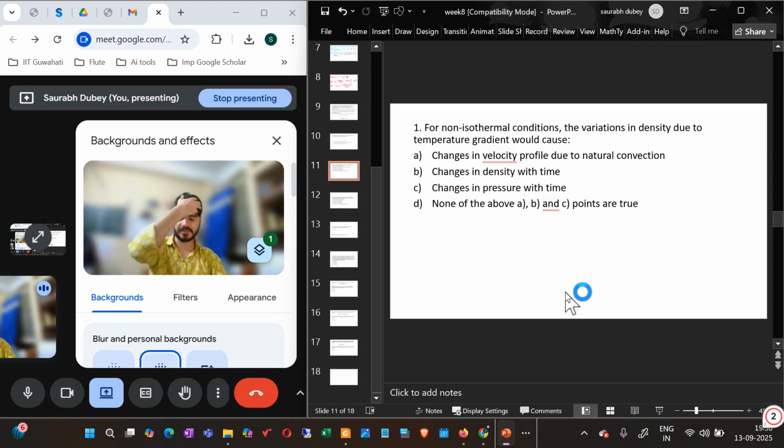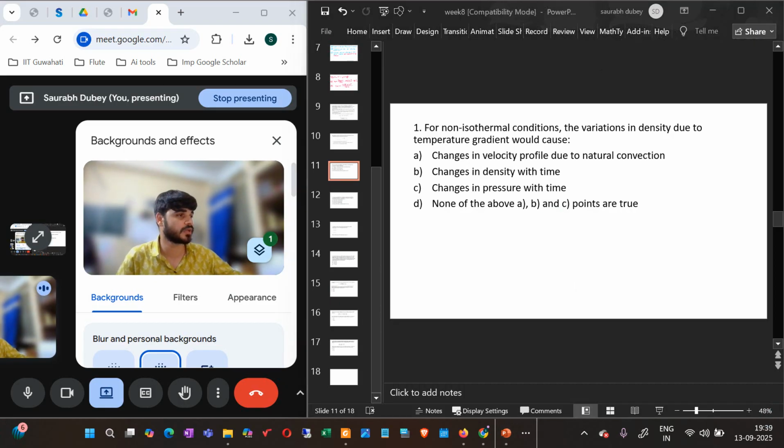Option A: changes in the velocity profile due to natural convection. Option B: changes in the density with time. Option C: changes in the pressure with time. And D: none of the above. So which of the following is true? Let me just see this.